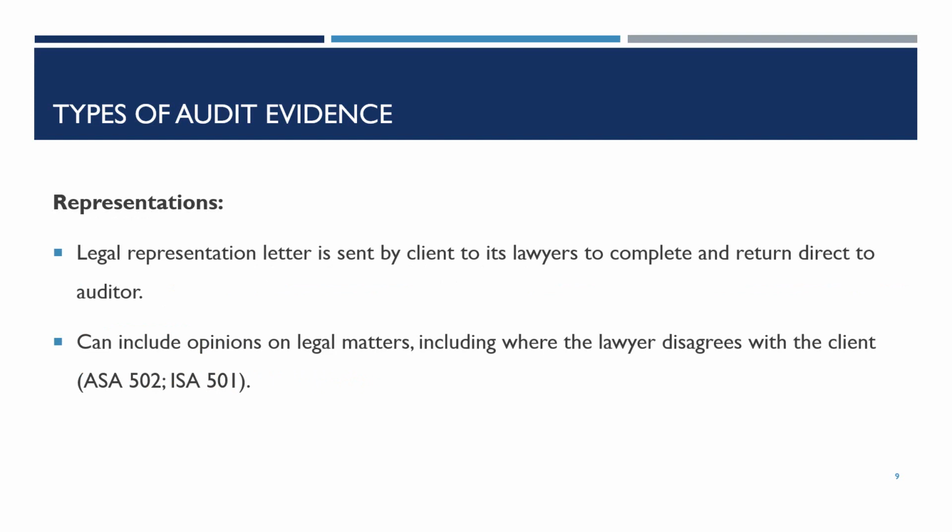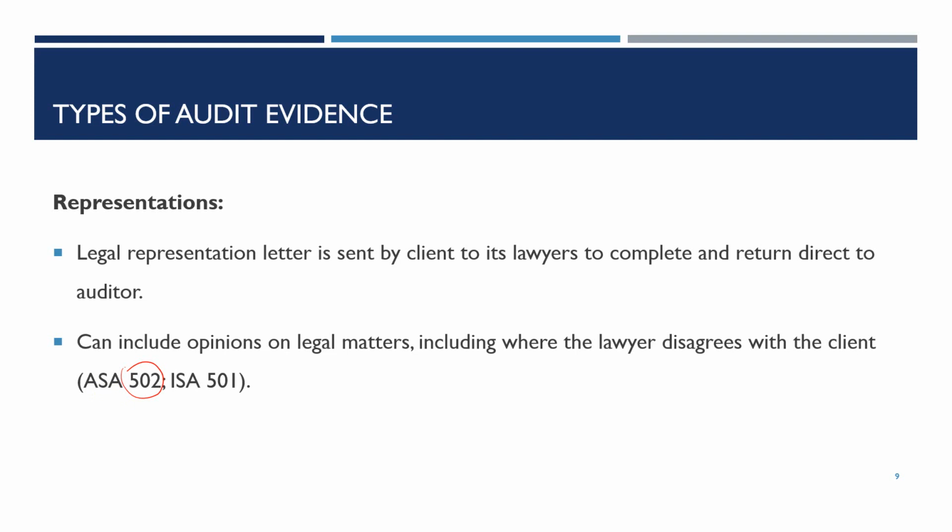ASA 502 requires the auditor to gather sufficient appropriate audit evidence regarding any legal matter involving their client. Evidence is gathered from board meeting minutes, discussions with client personnel, and representation letters from their client's lawyers.